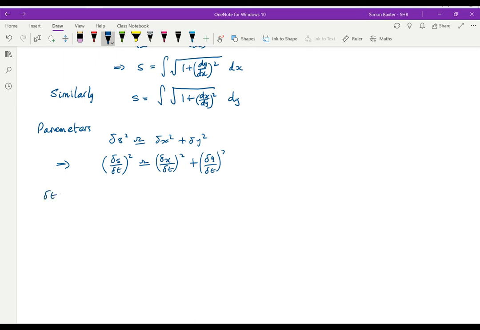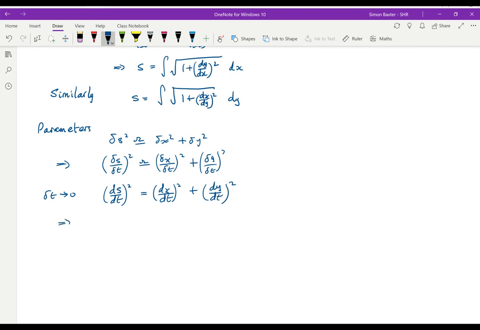Let delta t get smaller and smaller and smaller, and this becomes (ds by dt) squared equals (dx by dt) squared plus (dy by dt) squared.